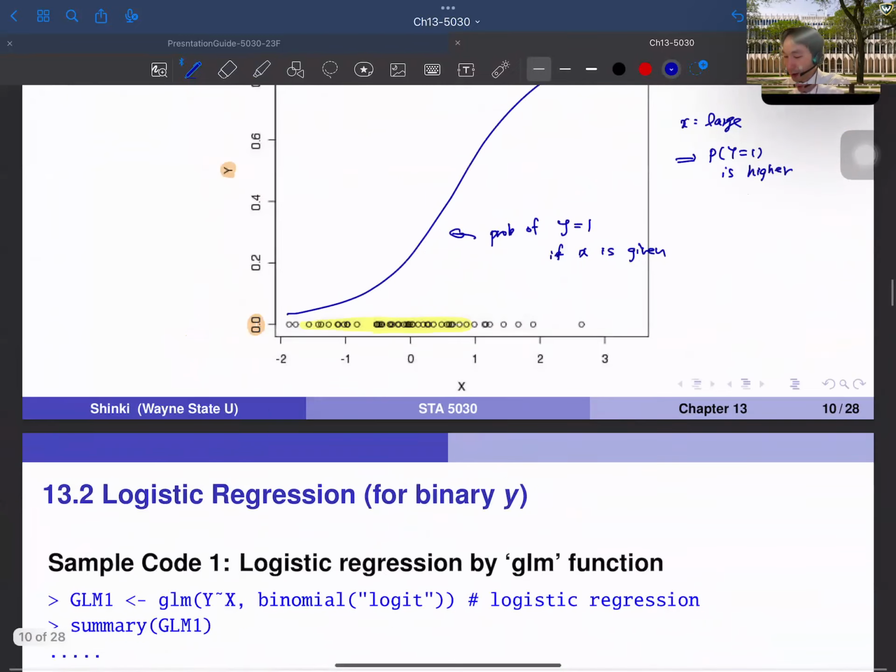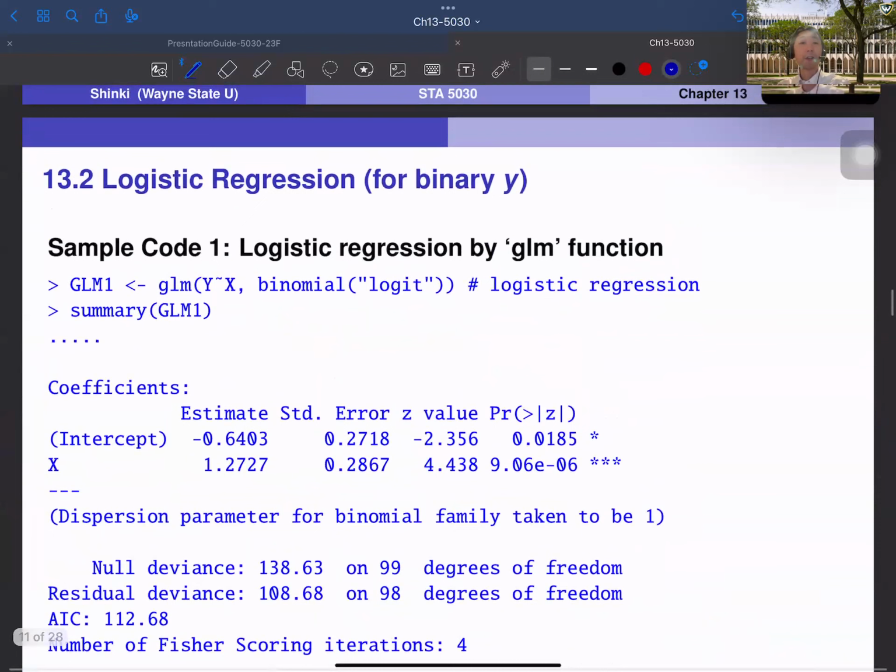So we want to fit the logistic regression model. For this, we have to use the generalized linear model function, GLM, not LM. More importantly, you have to specify the option binomial with logit. If you miss this, then GLM is the same as LM.